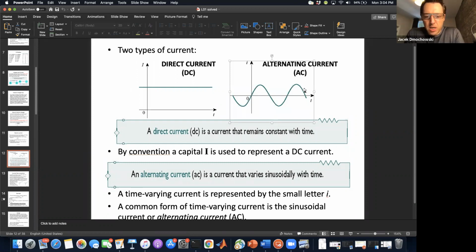And so I always ask the class why they think that this type of system for energy delivery is preferred over this, and I've gotten some interesting answers. One of the reasons, apparently, is that it's more efficient to deliver electricity in a sinusoidal way.